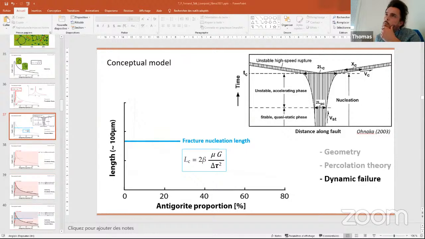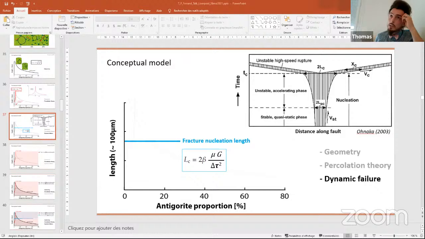But I don't think that what I do could be applicable to understanding how magma ascent occurs, for example, in the subduction system.